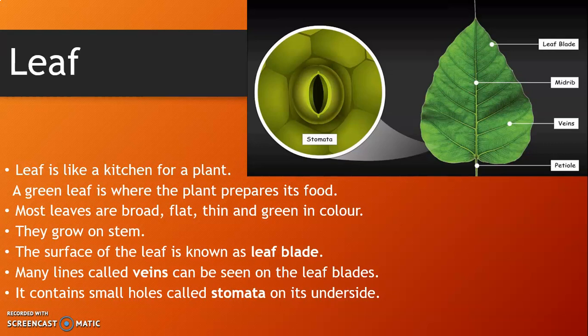Basically, it is for the exchange of gases, and through the stomata, leaves absorb carbon dioxide from the air. We may not be able to see stomata with naked eyes because they are very small.